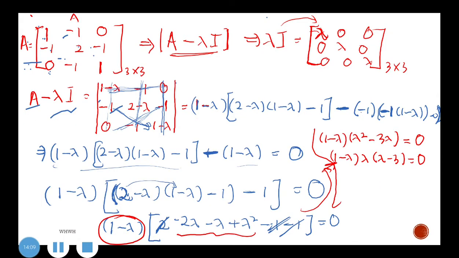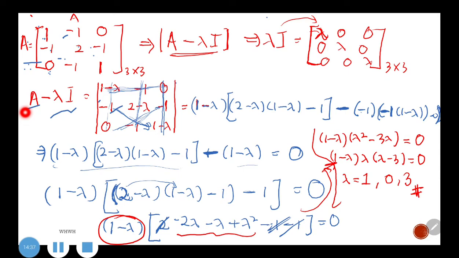Okay, from here we are going to have 3 eigenvalues, which are lambda equals to 1, lambda equals to 0, and lambda equals to 3. Those who are not clear with my working here, you can try on your own and find out whether you will get all 3 eigenvalues.